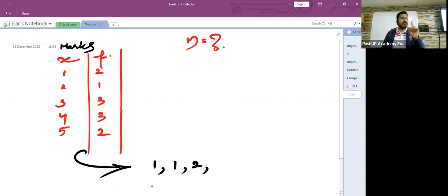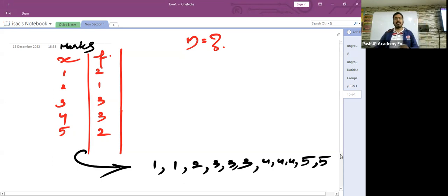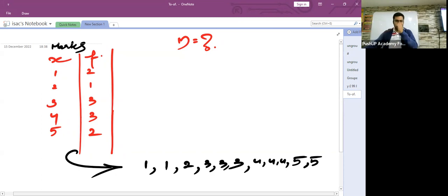The number scoring 3 marks is 3, so I write 3 three times. The number scoring 4 marks is 3, so I write 4 three times. The number scoring 5 marks is 2, so I write 5 two times. Makes sense, no children?